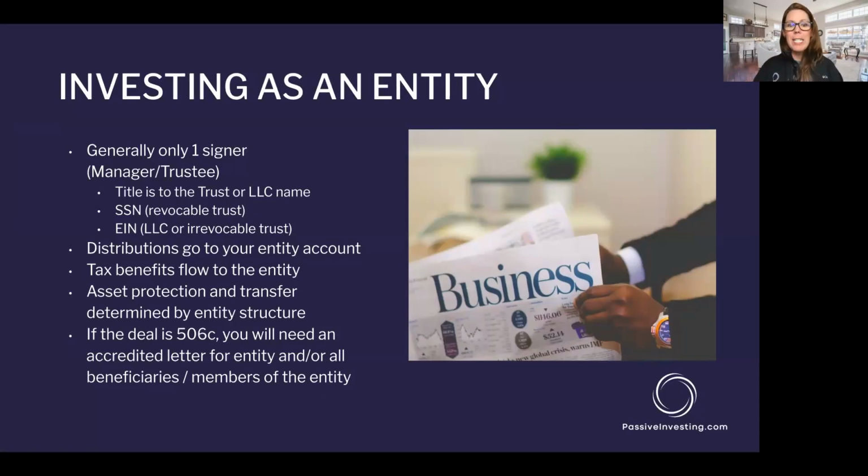Now, this is where it gets a little murky, because sometimes at the end of the year, you're going to get a document from your operator that asks, is this a disregarded entity? That is something you can partner with your accountant or your lawyer on to fully understand how to complete that form.